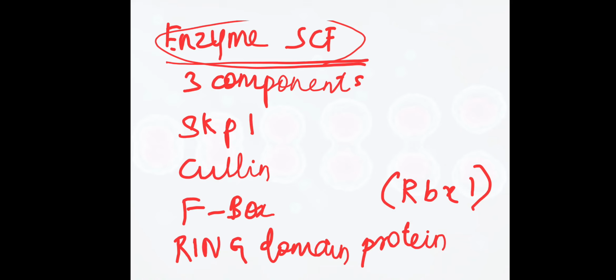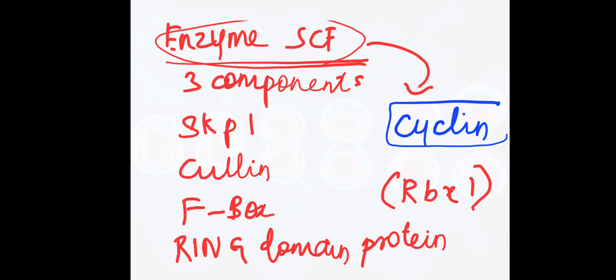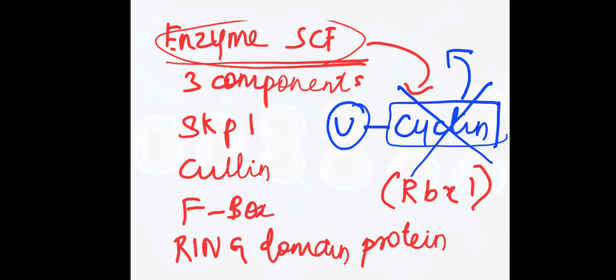Enzyme SCF is an E3 ubiquitin ligase which is responsible for ubiquitination. To simply represent what it does, if this is our cyclin, it adds ubiquitin to this cyclin and destroys this cyclin. So after destruction, what happens?